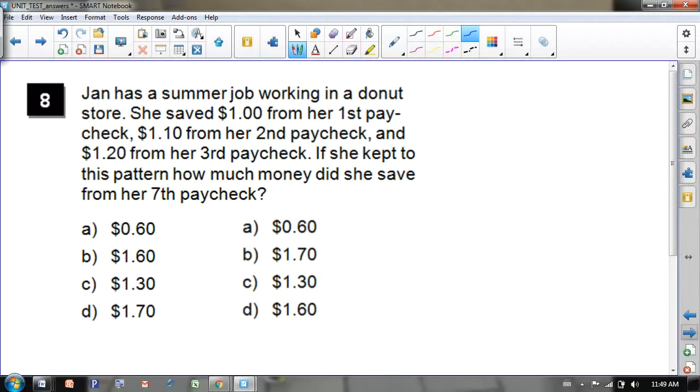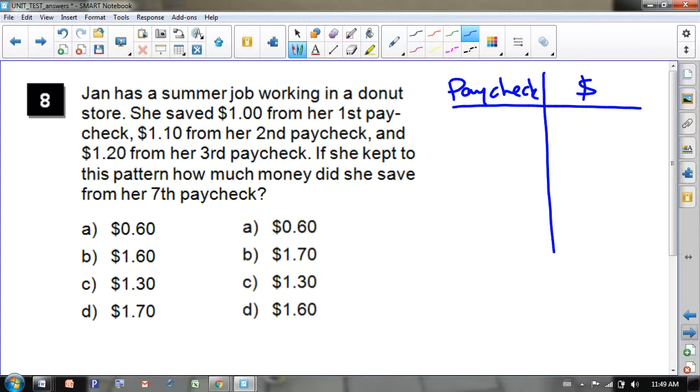For question 8, I'd also suggest doing a T-table to organize information. So this is the paycheck and the amount of money. In the first paycheck, she gets $1. In the second paycheck, $1.10. In the third paycheck, $1.20, and so on.